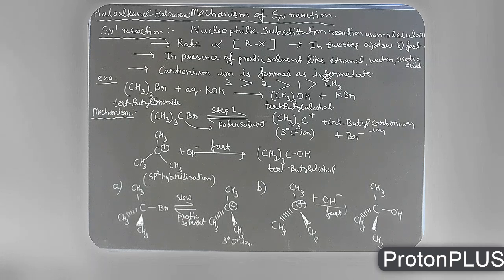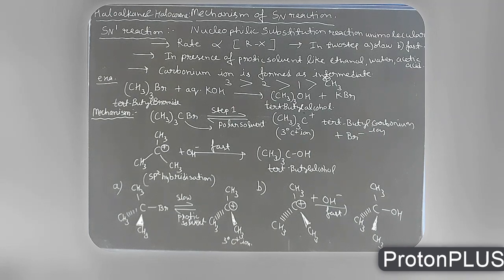When we take the mechanism of this reaction, tertiary butyl bromide in the first step in presence of polar solvent, this C-Br bond will break. The step is reversible. It is the slow step of the reaction, and the product formed is tertiary butyl carbonium ion along with bromide ion.